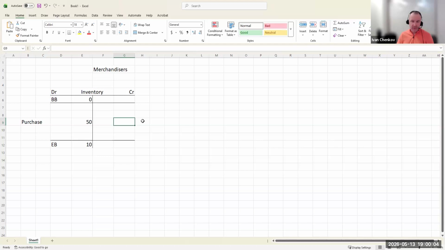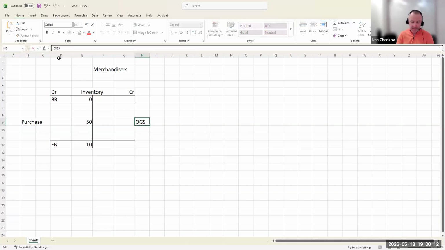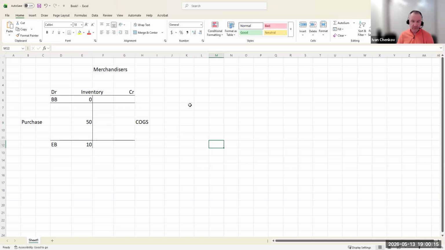Where is that cost of goods sold going to go? That's going to go directly to cost of goods sold, and that cost of goods sold is going to go to the income statement. In the income statement, we're going to have sales or revenue. Then we're going to have cost of goods sold. Then we're going to have a gross margin.